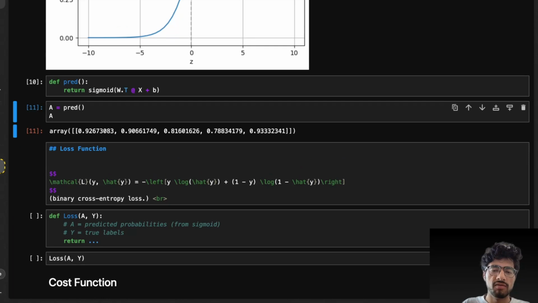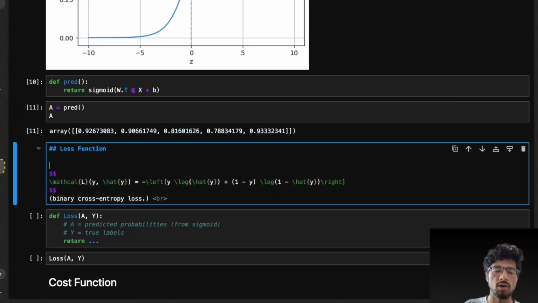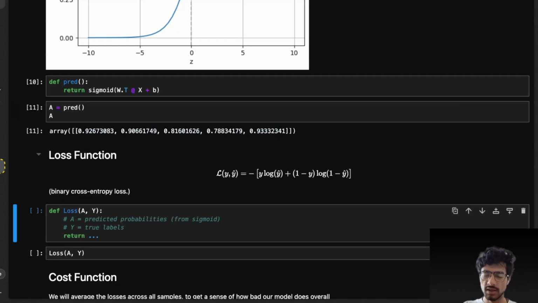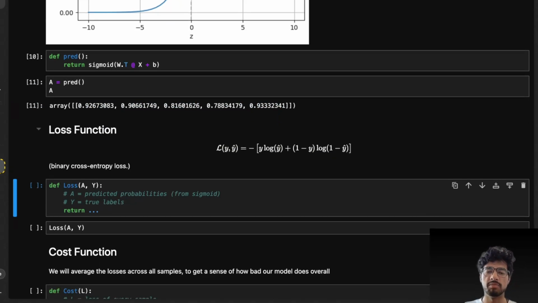Okay, cool. We have predictions from our untuned weights and bias, but so what? We need to quantify how bad a prediction is compared to the output label. So let's define a loss function. The loss function takes in predictions and the truth value and provides us with a number.